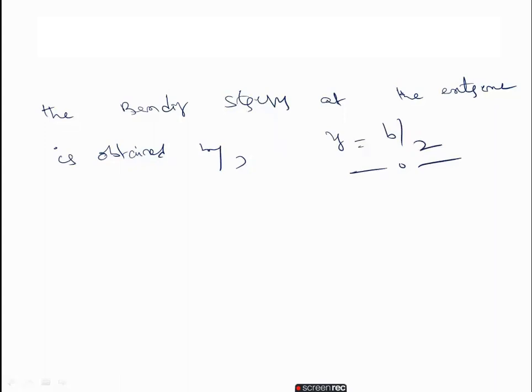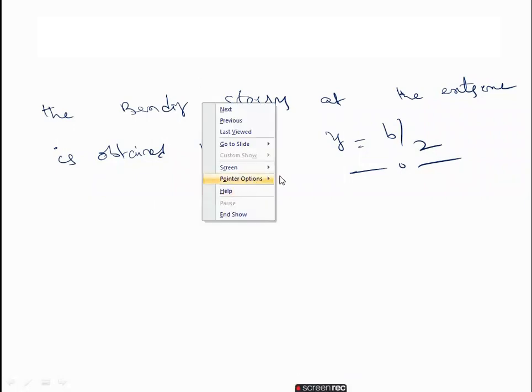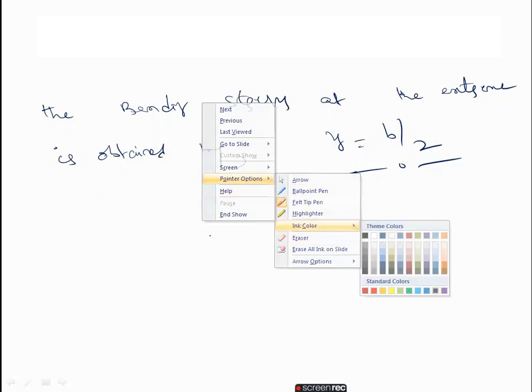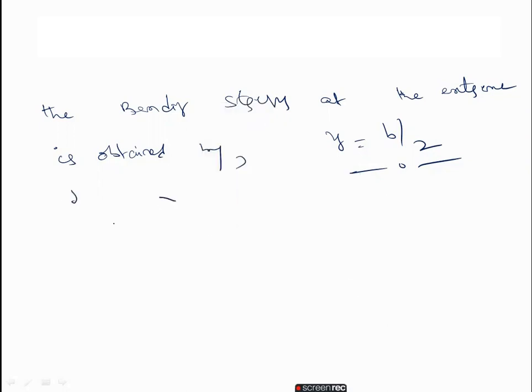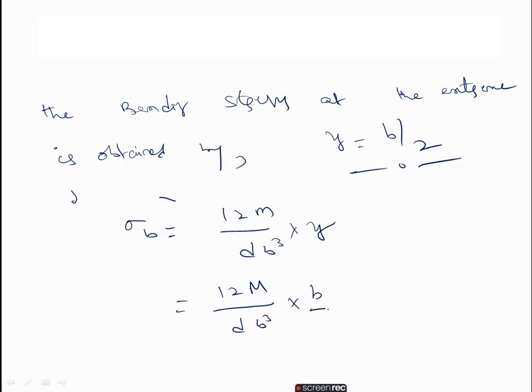Substitute in the sigma b value we already know: sigma b equal to 12M by db cubed into y, so 12M by db cubed into b by 2.